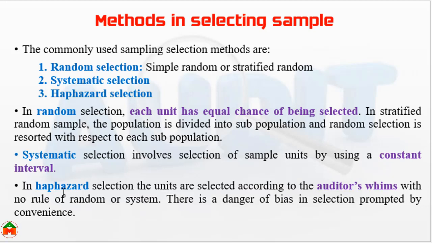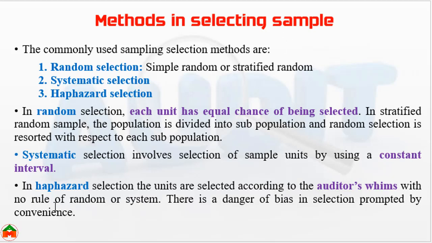In haphazard selection, the units are selected according to the auditor's whims. That means auditor's choice, with no rule of random or system. That means in haphazard selection, the auditor's preference is the basis for selecting the sample.